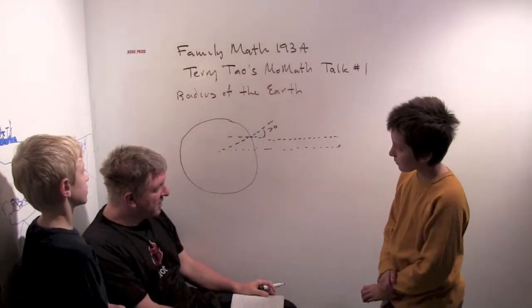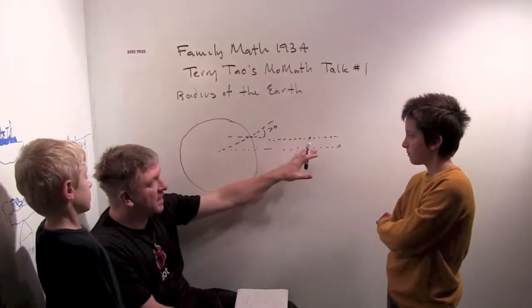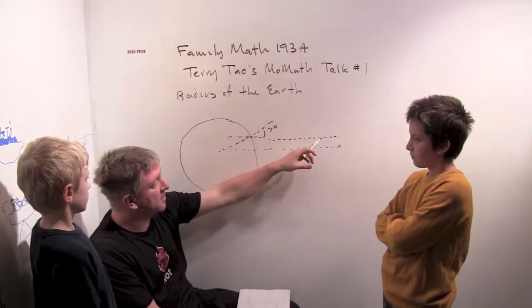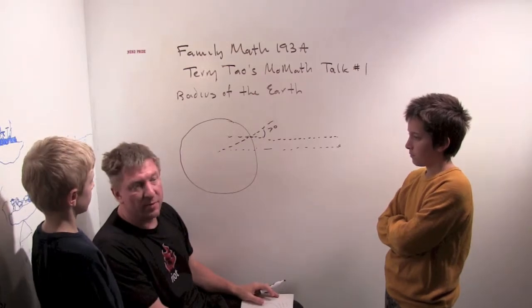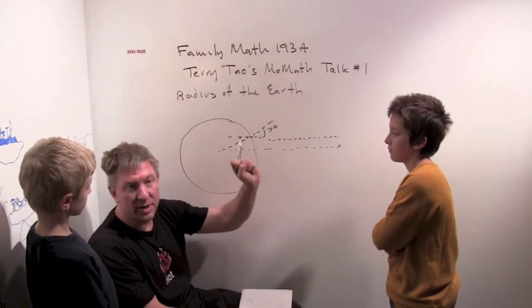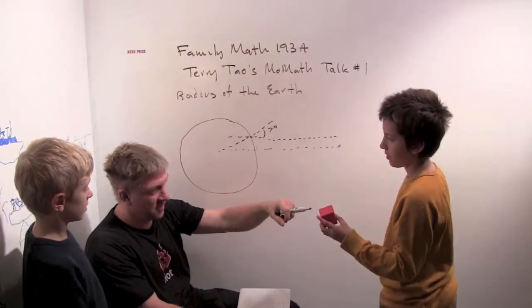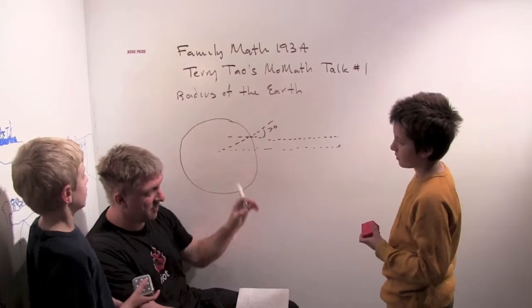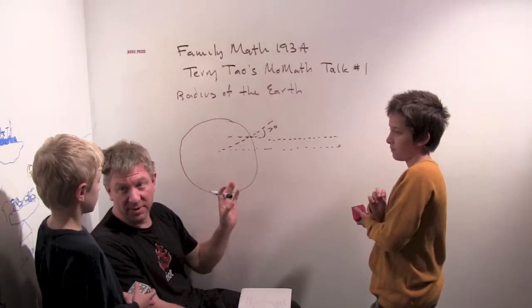One interesting thing you'll see in my picture is that in order to make this calculation the way Terry Tao's talking about it, you have to assume all the sun's rays are parallel to each other. Which isn't quite right, because the sun's not a point infinitely far away. It actually has size, and so the rays aren't quite parallel, but that's fine. This is a good enough approximation for now. And now being 2,500 years ago.